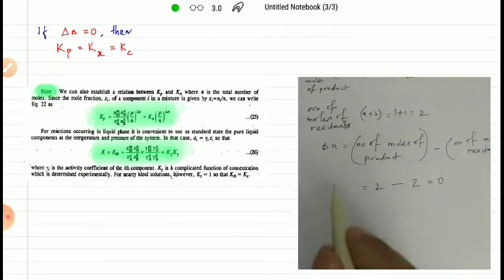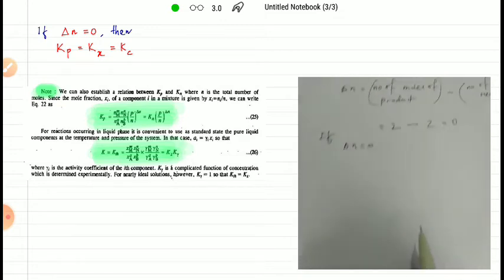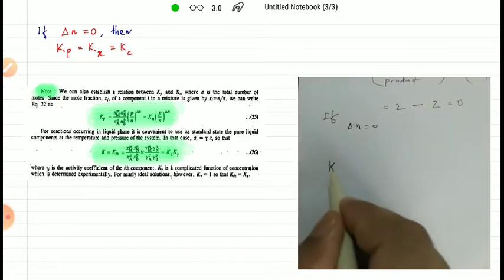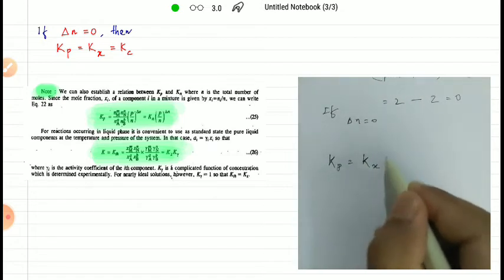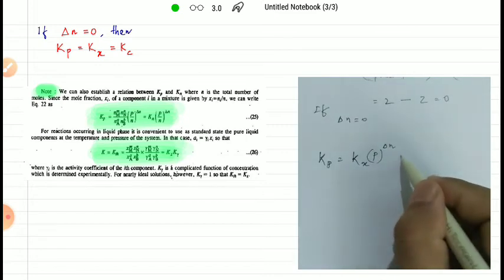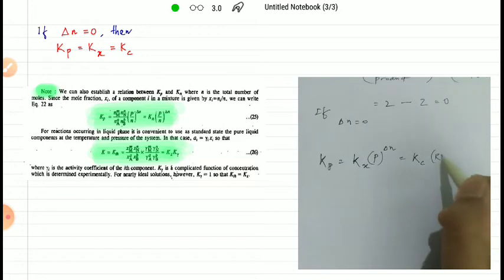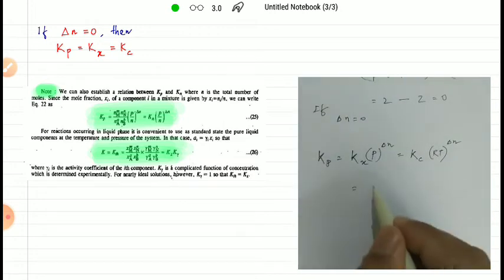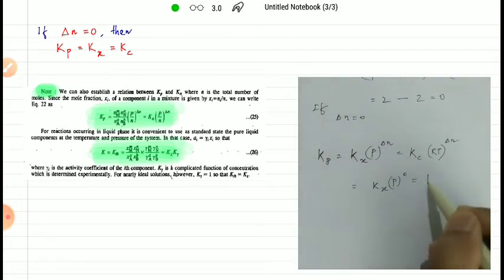So if del n is equal to 0, what will happen? We have that relation Kp is equal to Kx p to the power del n is equal to Kc RT to the power del n. So here it will be Kx p to the power 0 is equal to Kc RT to the power 0.